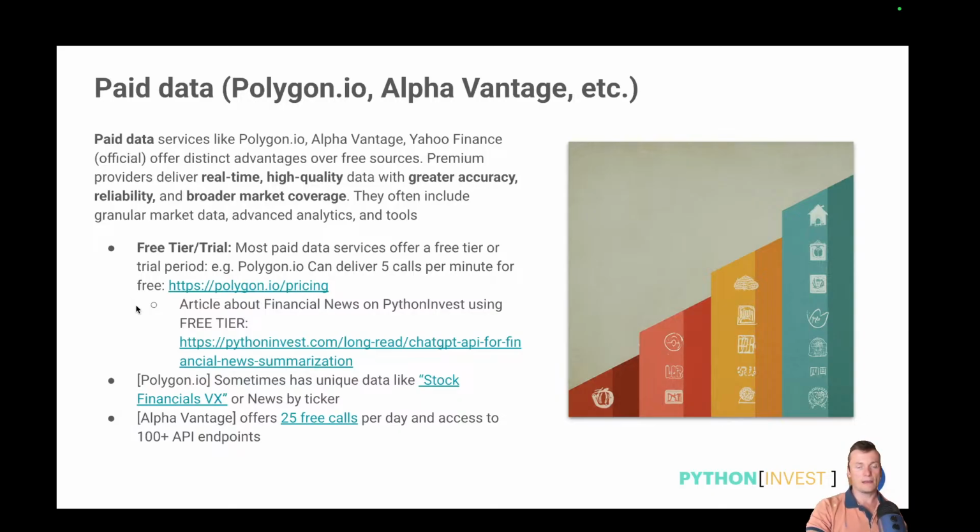So I added links to my articles on the financial news summarization that is using Polygon.io news API. Alpha Vantage also offers 25 free calls, and my last article on the fundamental data uses Alpha Vantage, so you might find some good data there as well.